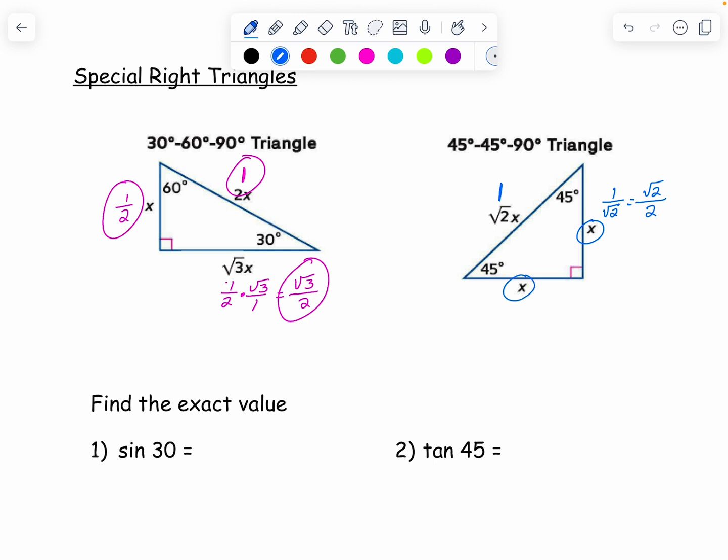And then we know that these two sides have to be the same, so if one of them is the square root of 2 over 2, then the other one has to be the square root of 2 over 2. Now, this is true if I have a hypotenuse of 1. If the hypotenuse is anything other than 1, then that's going to change these sides.